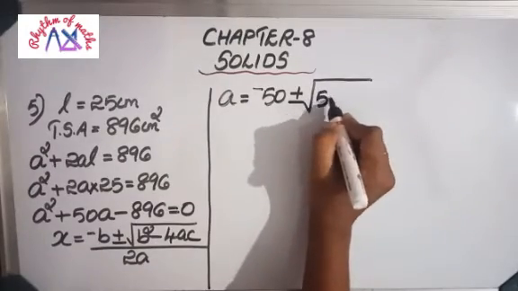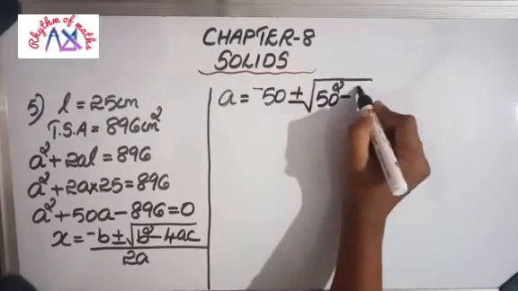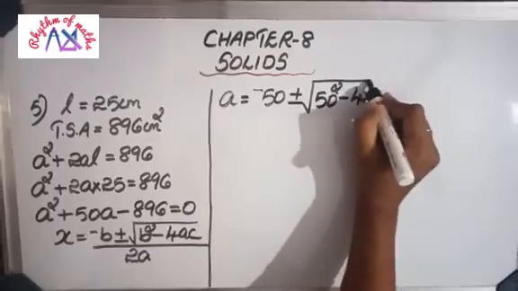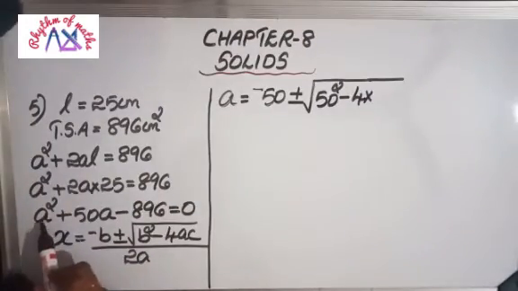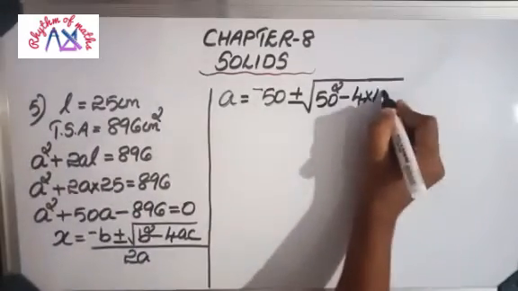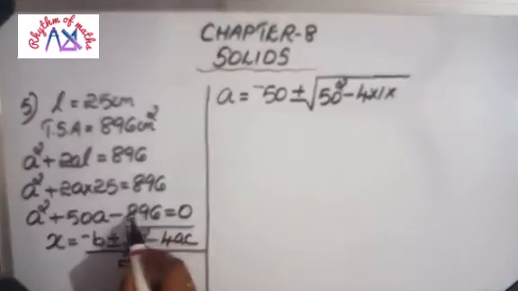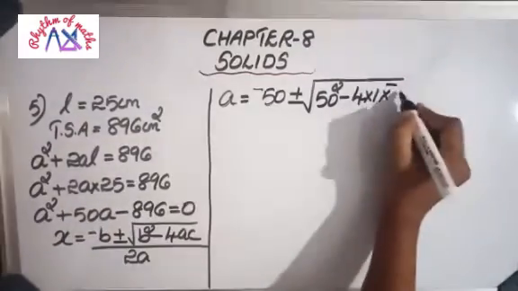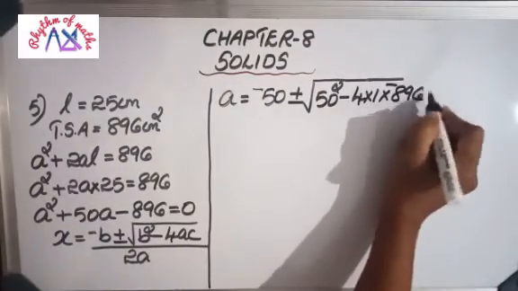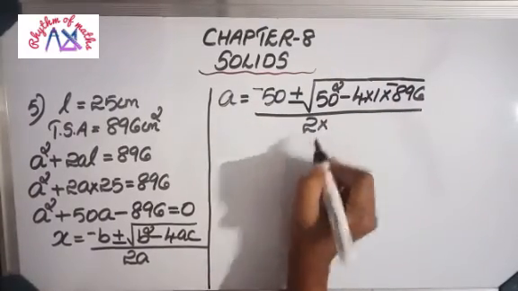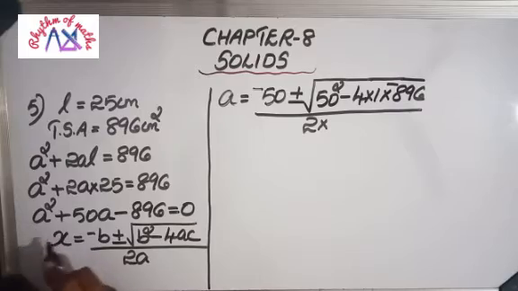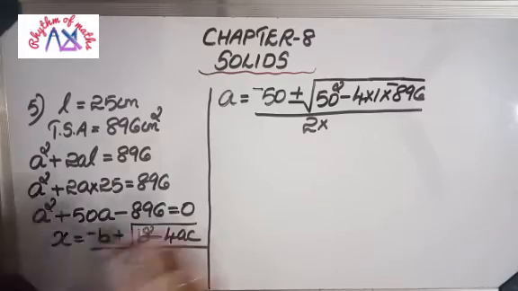B is the same, that is 50 square, minus 4 into a, which is the coefficient along with x square, that is 1. So 4 into 1 into c, the constant term, which is minus 896, whole divided by 2 into a, meaning the number along with a square, that is 1.